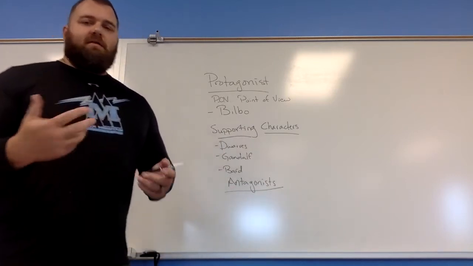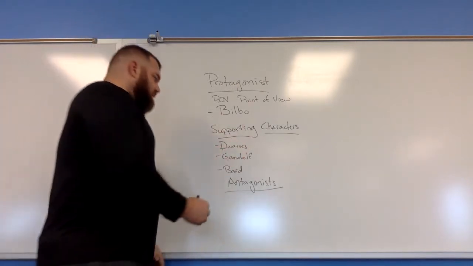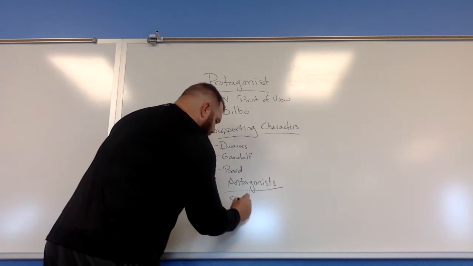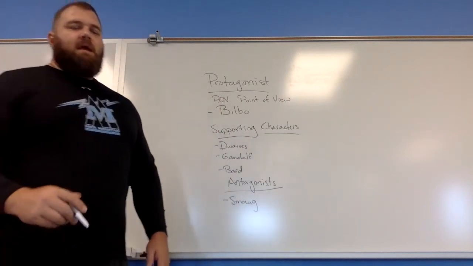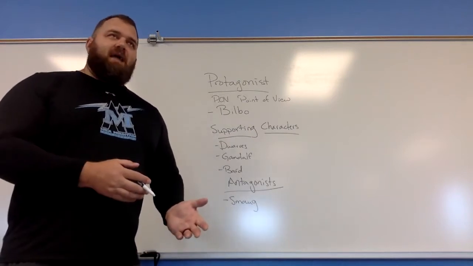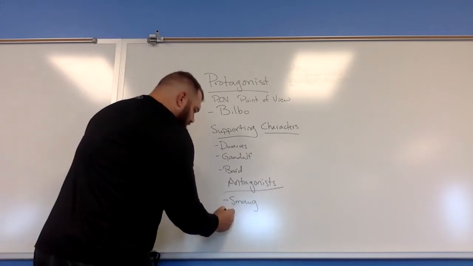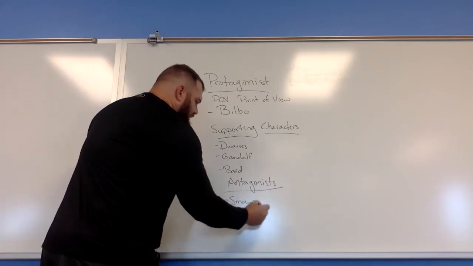And again, in The Hobbit, it's pretty simple. Obviously the main antagonist of the whole story is Smaug, the dragon. And then you have some other smaller antagonists. Those are the goblins, which we know will eventually become orcs.